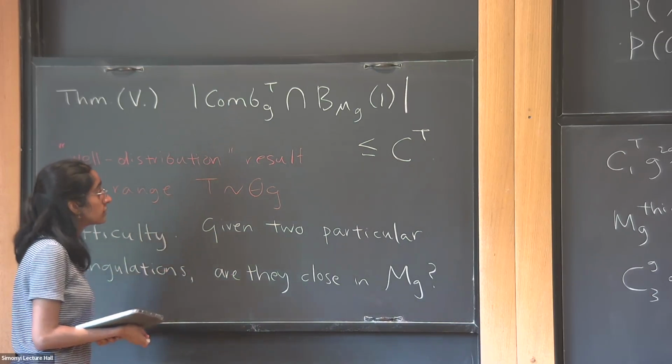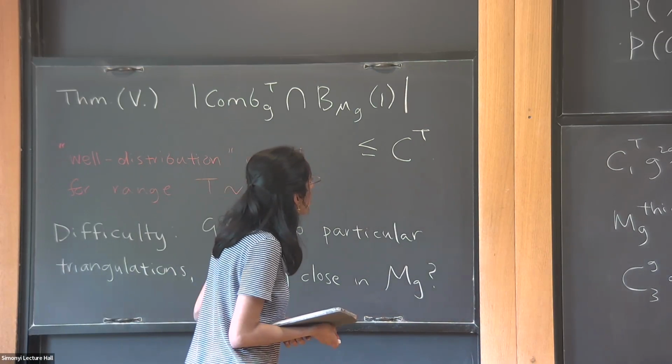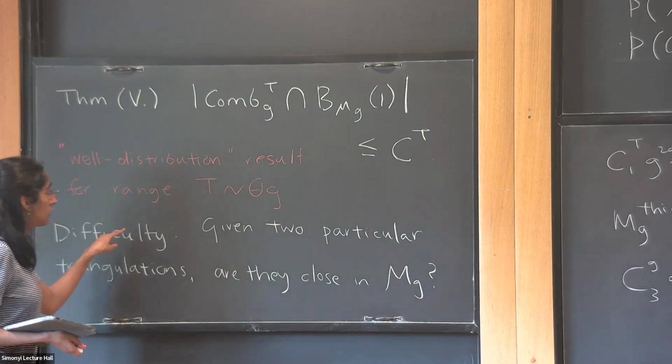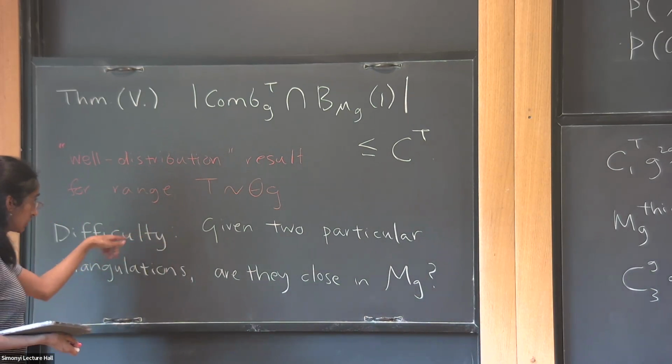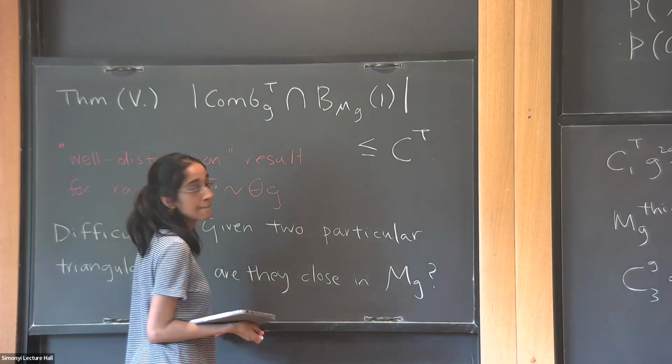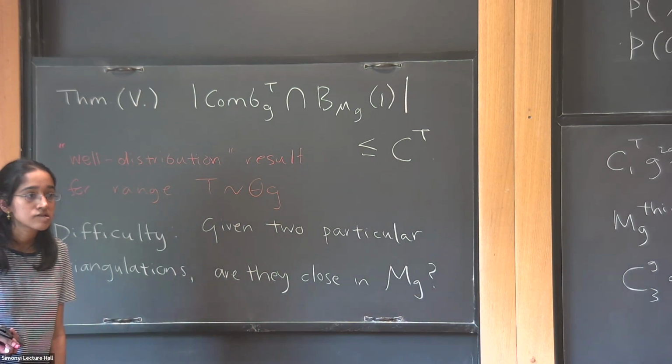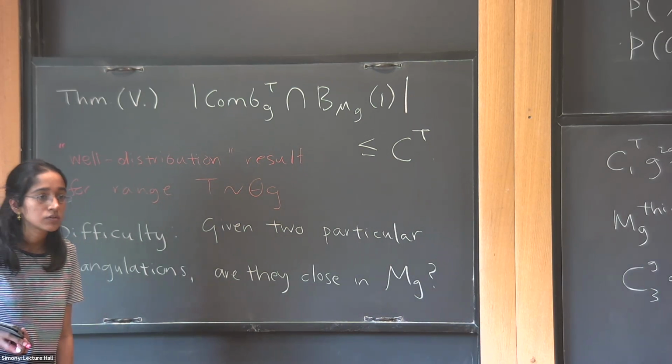In the remaining time of the talk, I would like to explain the idea of how to resolve this problem. Are two different triangulated surfaces always different as points in M_G?